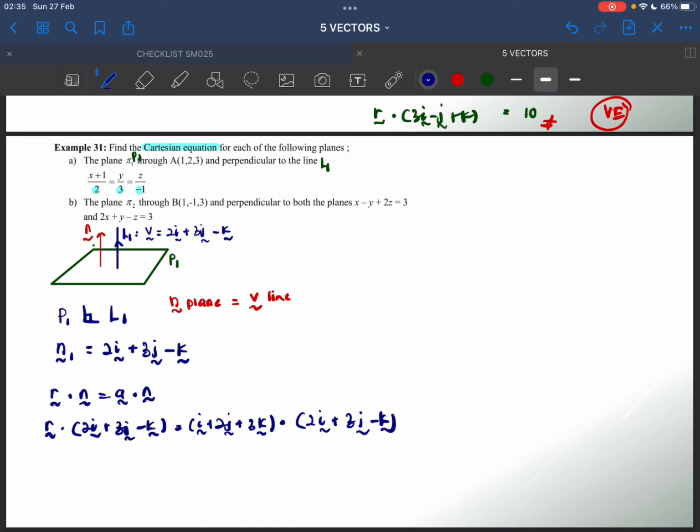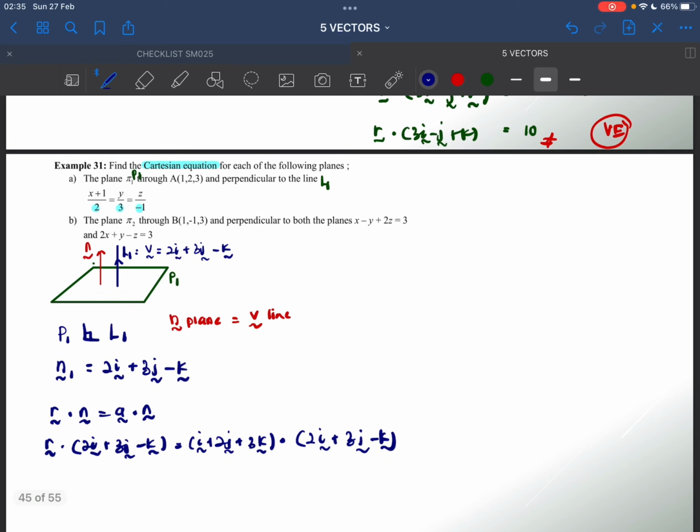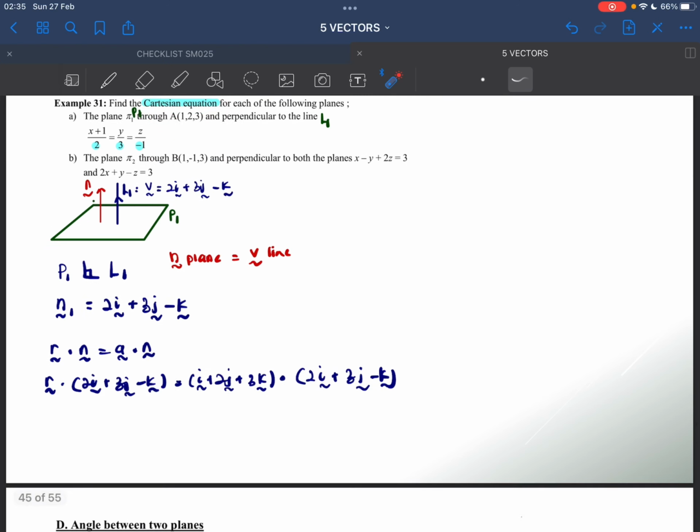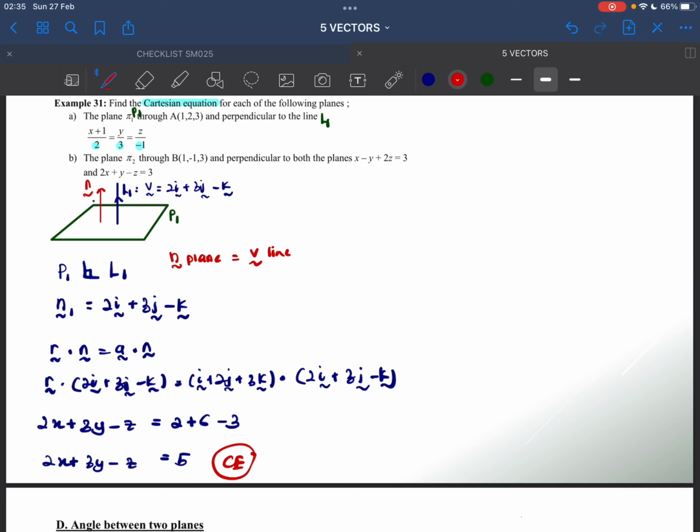So let's just find the answer. The question asked to find the Cartesian equation. So that should be 2x plus 3y minus z equals the dot product on the right hand side, which is 2 plus 6 minus 3, which is 5. Here we have 2x plus 3y minus z equals 5, and that is your Cartesian equation of plane 1.